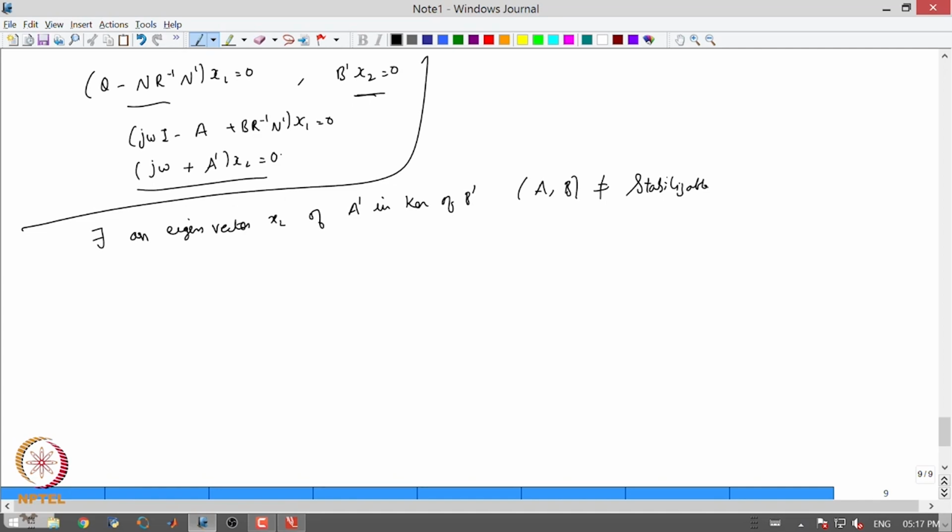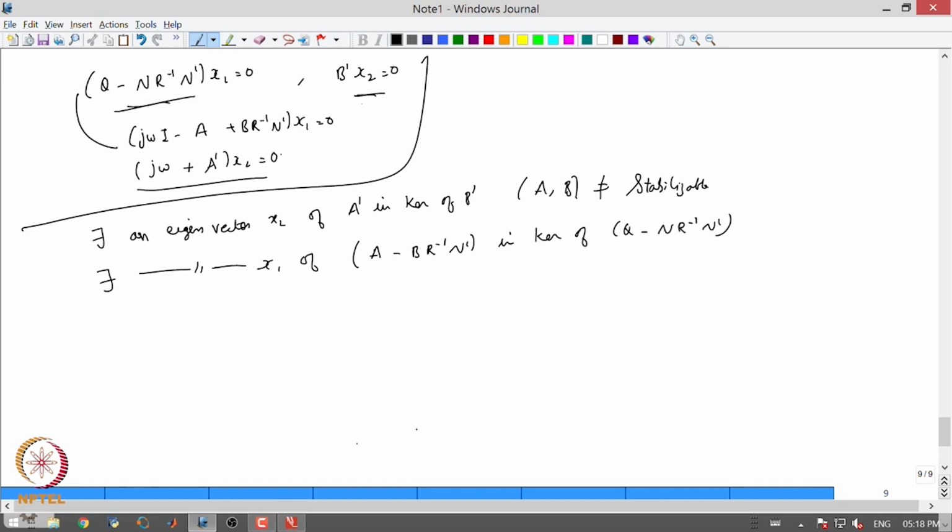Moreover, there is an eigenvector x1, from these two expressions, of Q minus N R inverse N prime. Not this one, an eigenvector of A minus B R inverse N prime in the kernel of Q minus N R inverse N prime, from these two expressions.